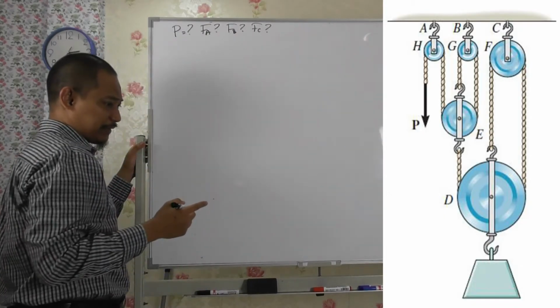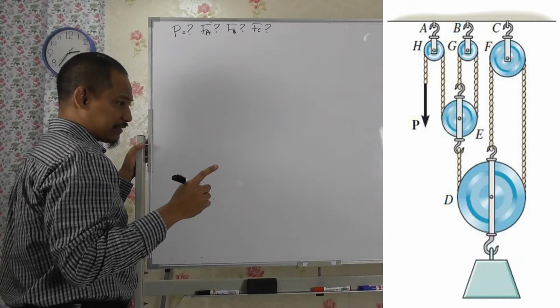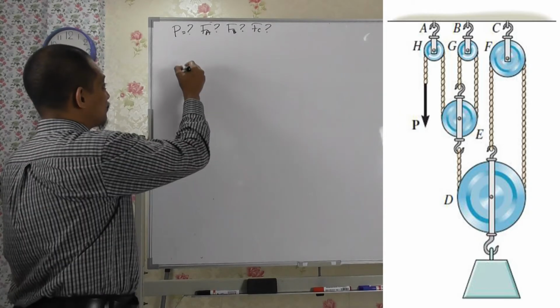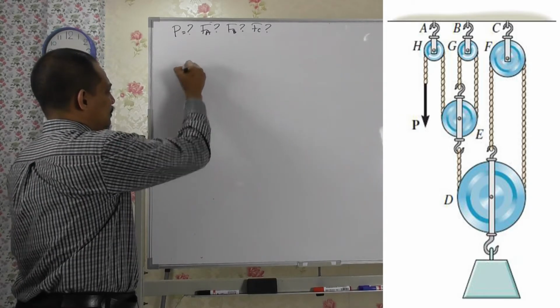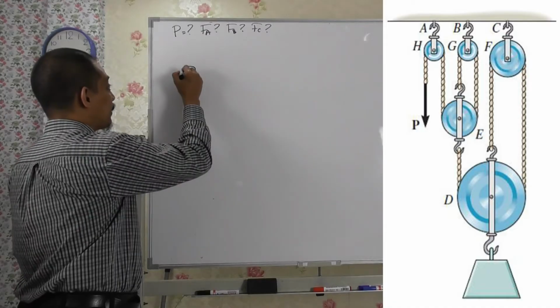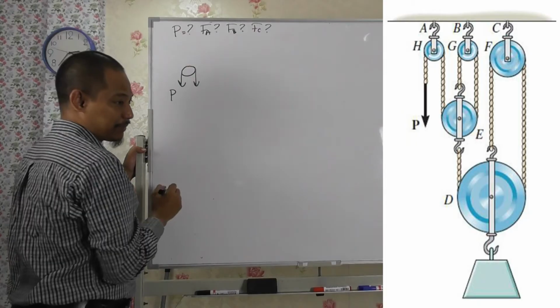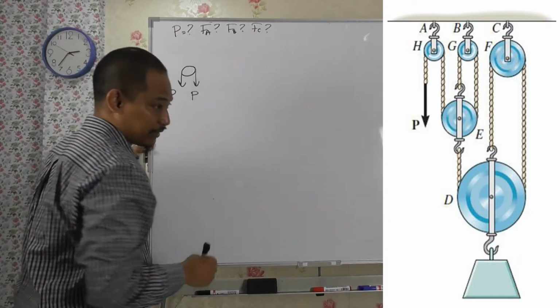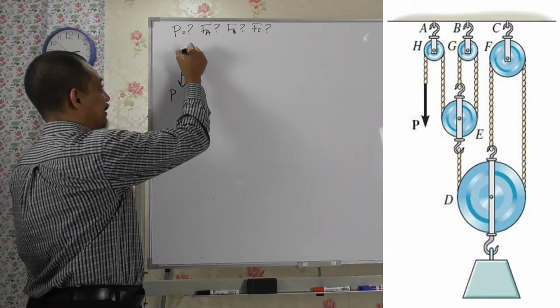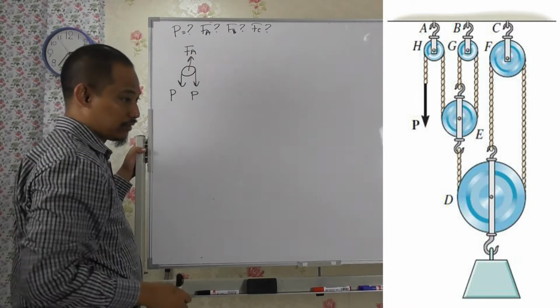Alright, so if you look from the top there, if you have the pulley here, where you have force P here, and of course this is the same cable, so it's still P, and then up there you have FA, right?